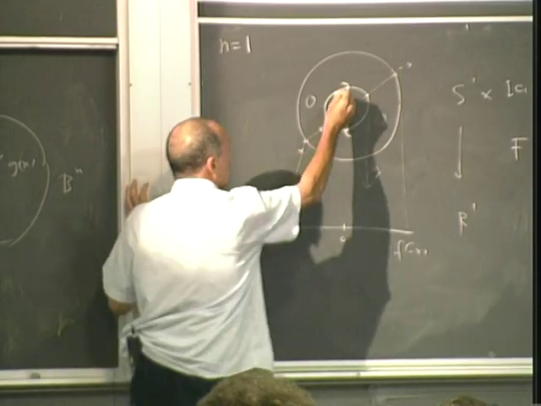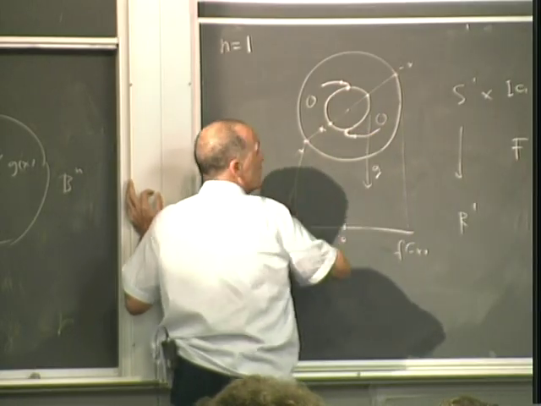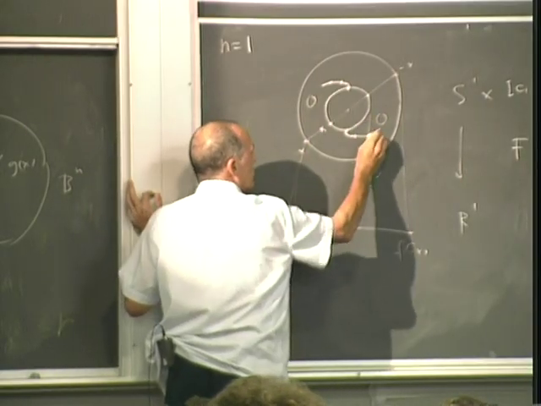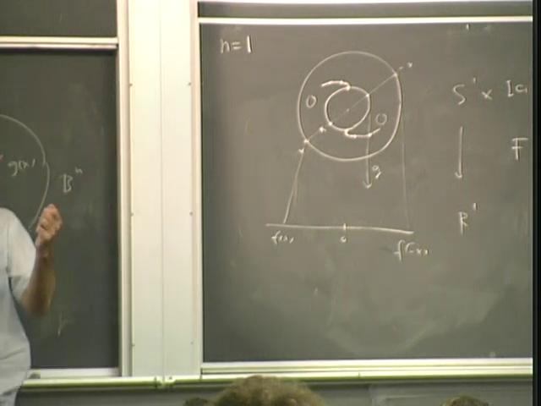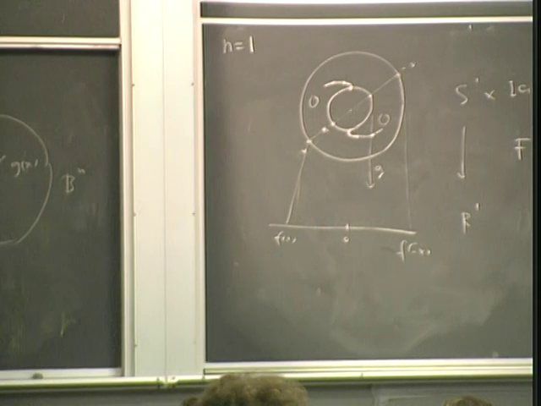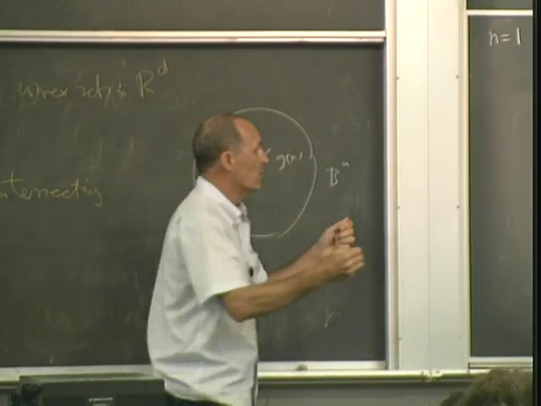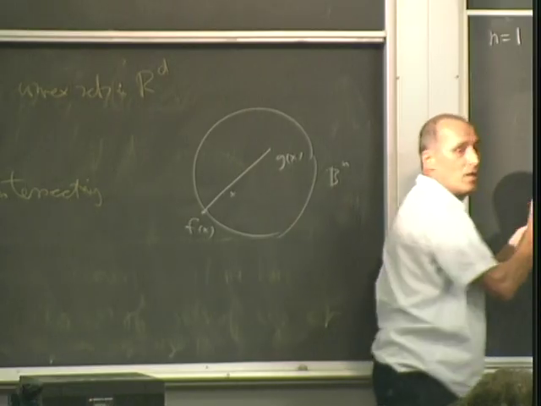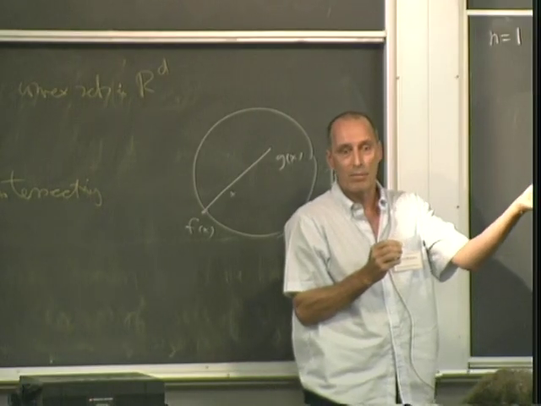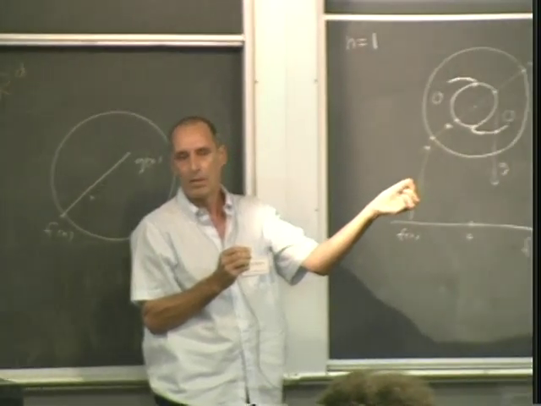But this point is antipodal to this point, and this point is antipodal to this point. What happens to the midpoint of this curve? It has to be antipodal to itself and identical with itself as well. Right? If I walk the same distance from here and meet in the middle, it has to be antipodal at the same time and the same point at the same time. Impossible. This is the proof.